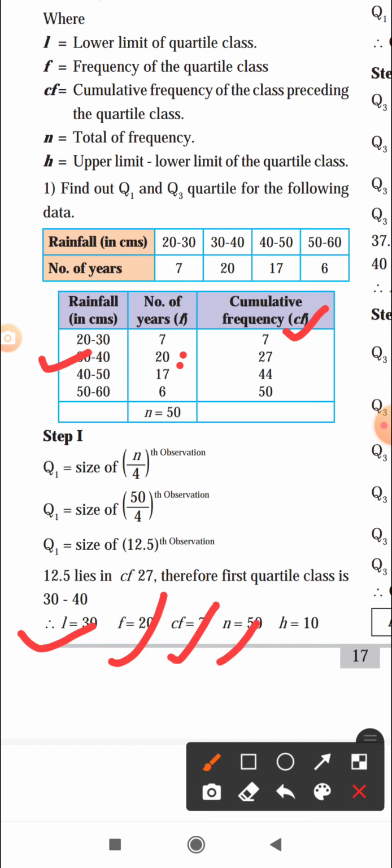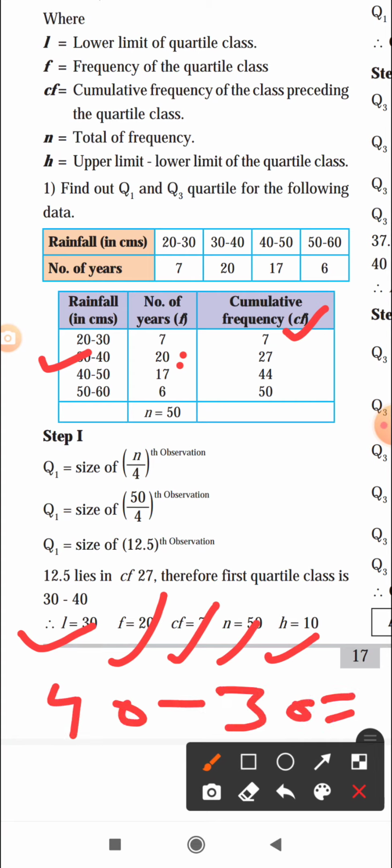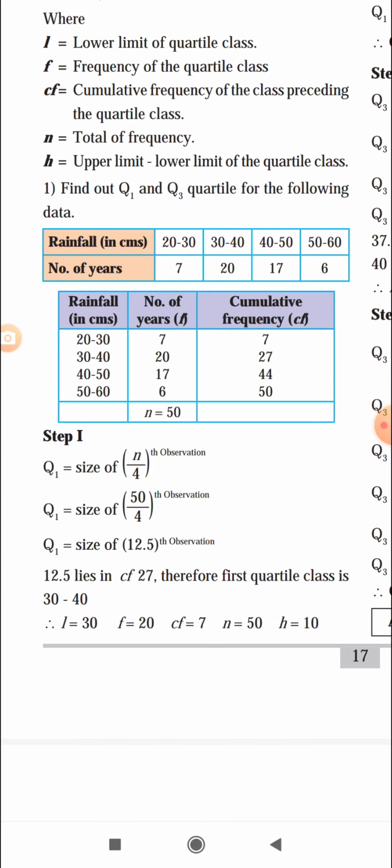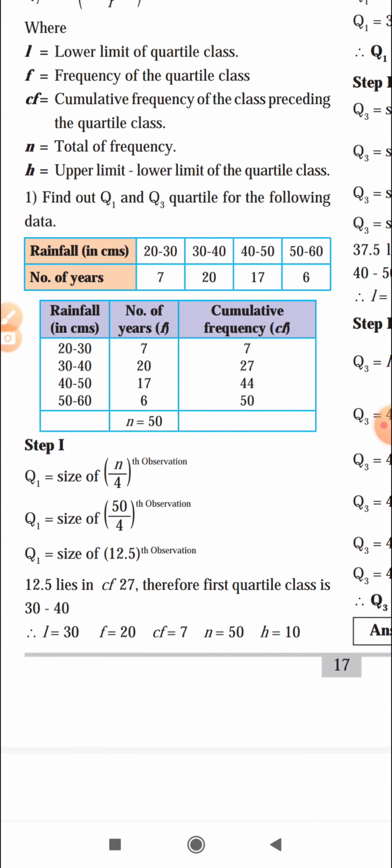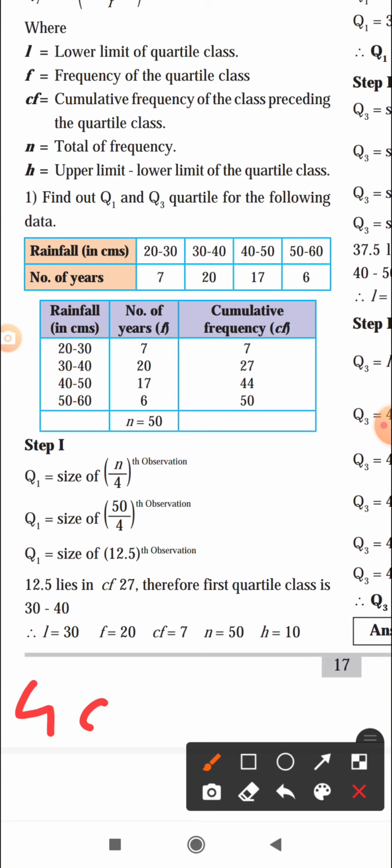N is 50, and H, the upper limit of the quartile class minus the lower limit, that is 40 minus 30, is 10, the class interval.